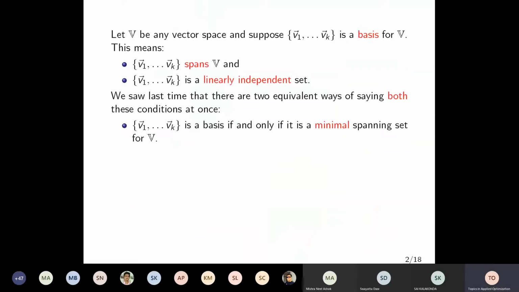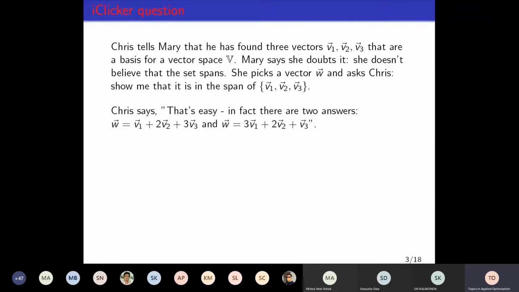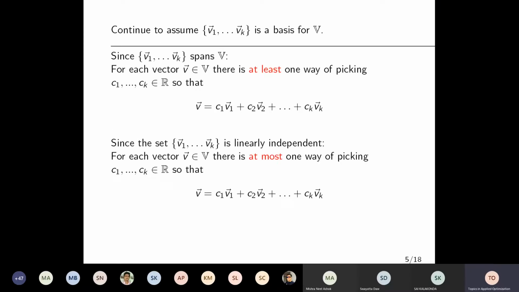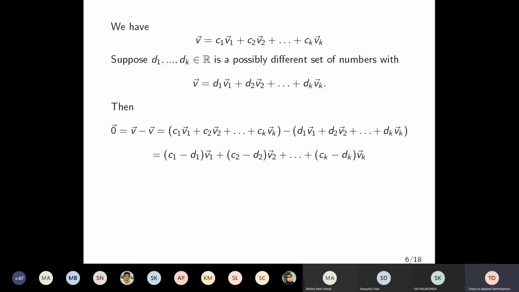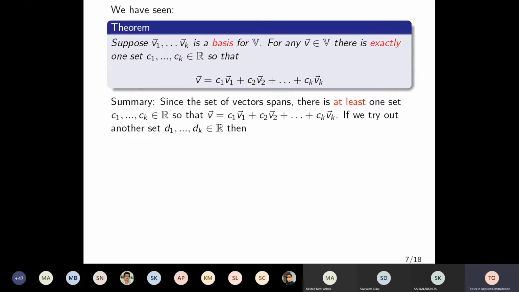Okay, so I think I can skip this. It's not that important for us. If you want, you can go through this and ask the TAs for more on this. I'm going to skip this. These results are just the usual results for the basis.